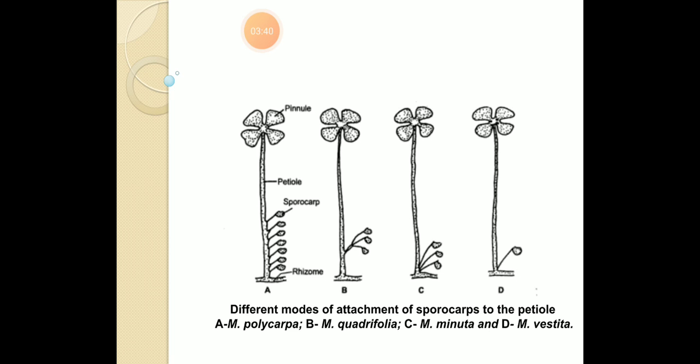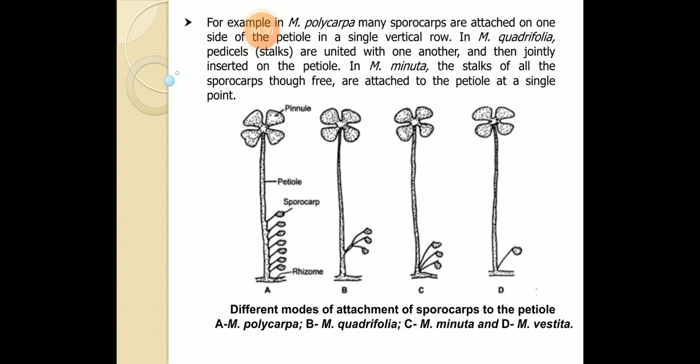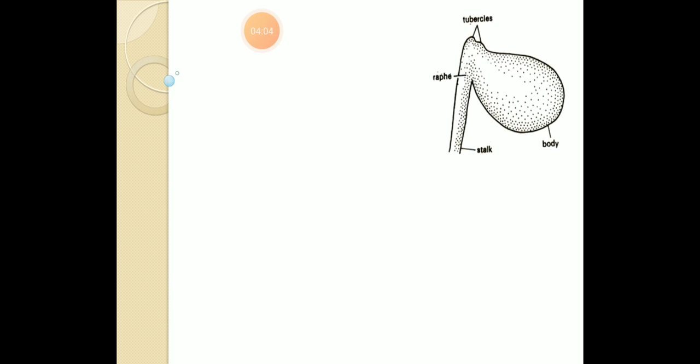Like that, in each species the attachment of the sporocarp may vary. The first diagram shows that many sporocarps are attached at different positions of the petiole. In the last you will find only the nodal region that produces a single sporocarp. Like that the sporocarp number and the attachment may vary.